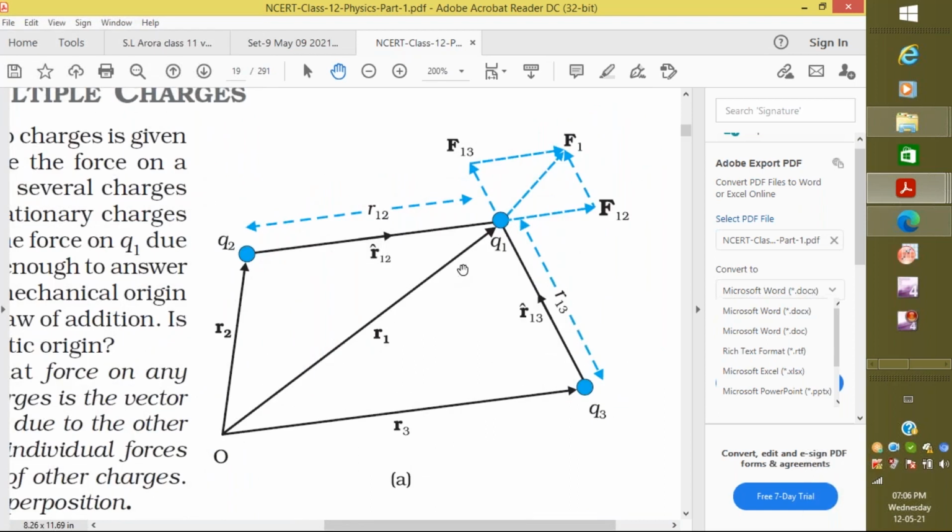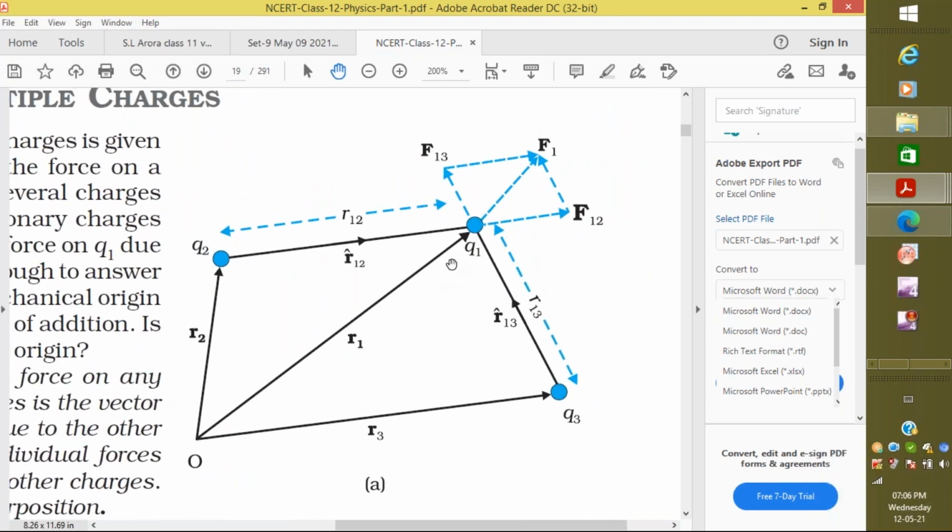The law of superposition states that when there are multiple charges and you want to calculate the net force on any particle due to all other charges, like on Q1 due to Q2 and Q3, individually you can find out the force.